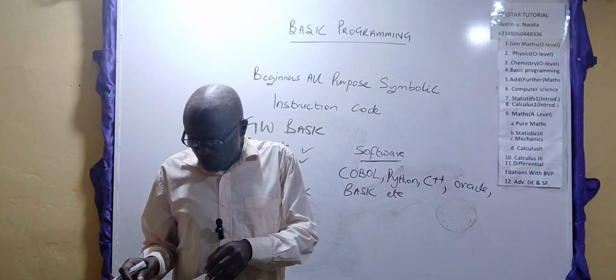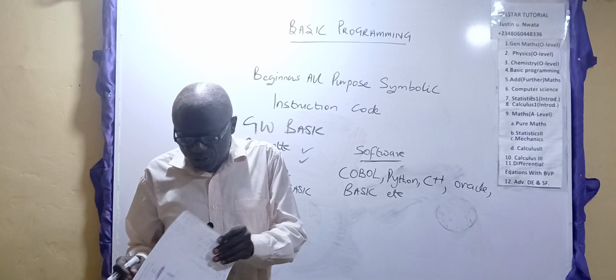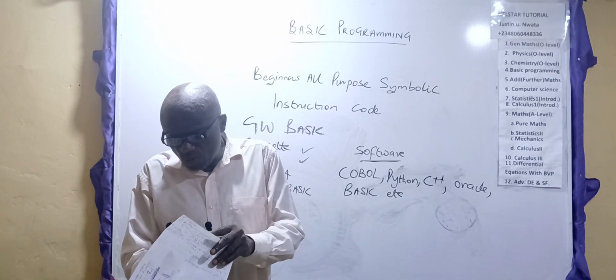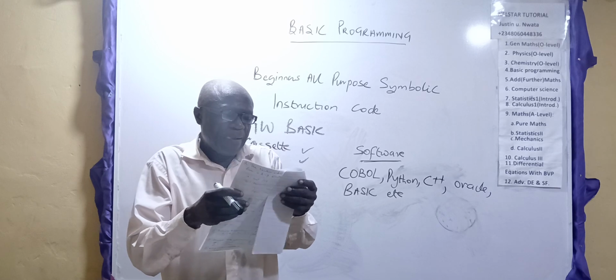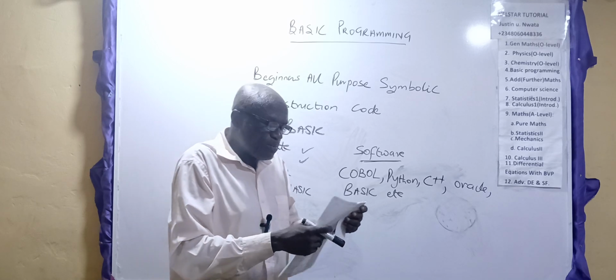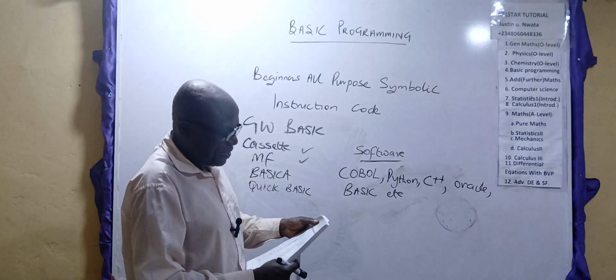Now, the programming language which we normally use to teach students is the one we call the Basic language, Beginners All-purpose Symbolic Instruction Code. It is more or less easier to understand.